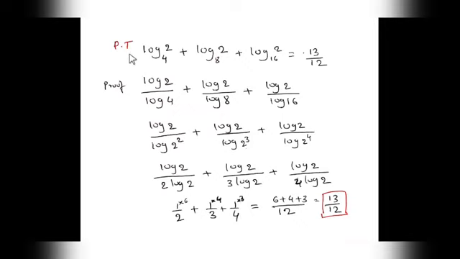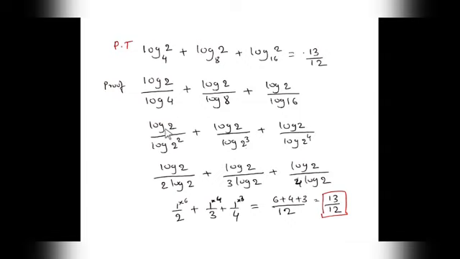Here we have an example. Prove that log 2 to the base 4 plus log 2 to the base 8 plus log 2 to the base 16 is equal to 13 divided by 12. Now we will apply here change of base rule, that is fourth law. Log 2 divided by log 4 plus log 2 divided by log 8 plus log 2 divided by log 16.